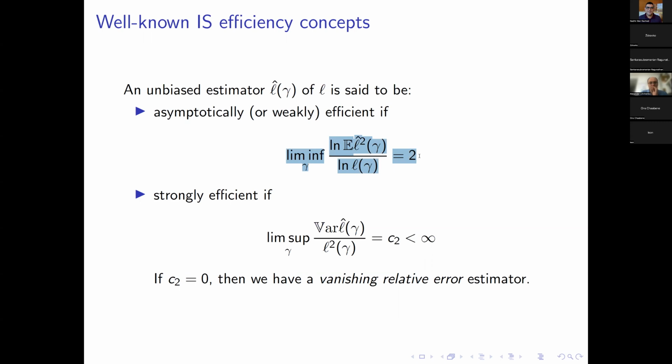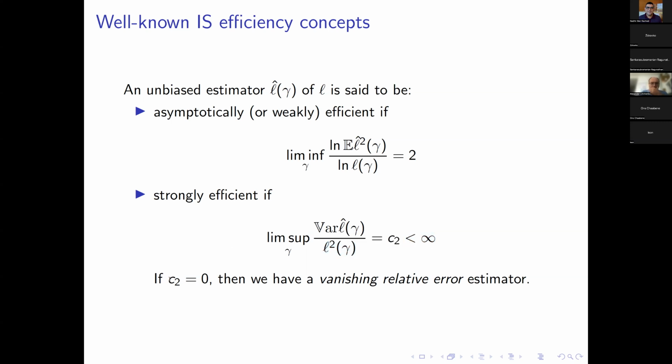I'm not going to explain more about this condition because in this talk we have the strong efficiency. Strong efficiency simply means that the relative error of the estimator is bounded with respect to the rarity parameter. Relative error here is the variance over the quantity that we try to estimate, squared. So this thing is bounded. It doesn't blow up to infinity.